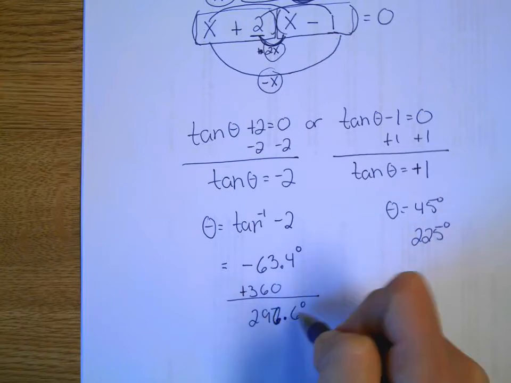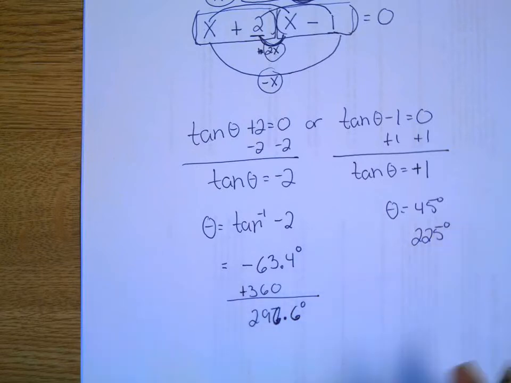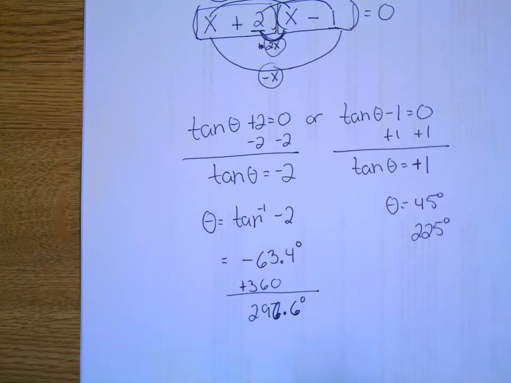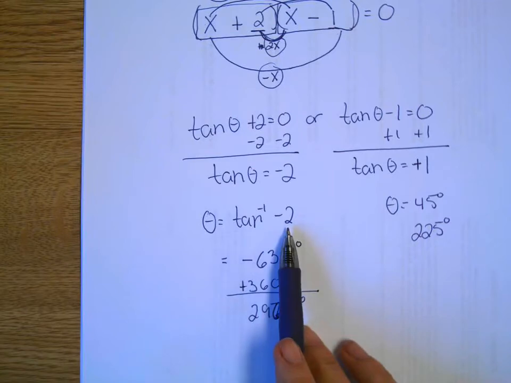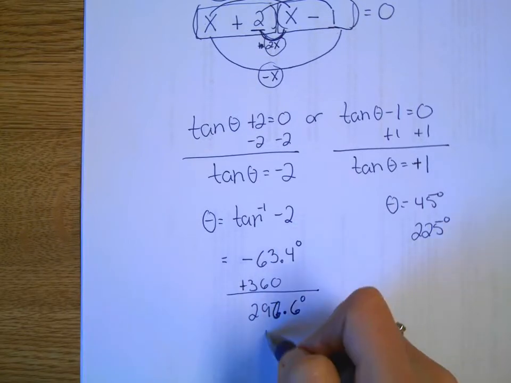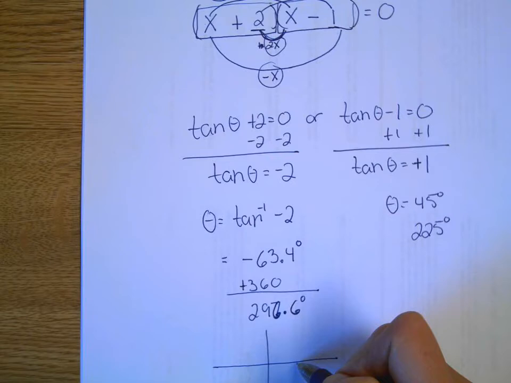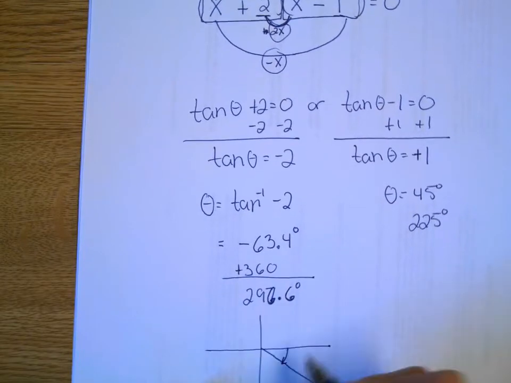Wouldn't you like to be done there? Yes. But you're not. Remember the calculator, the inverse trig function only looks in 2 quadrants. Is there another spot where tangent's negative? You found this one right here. It gave you that negative 63 degrees.